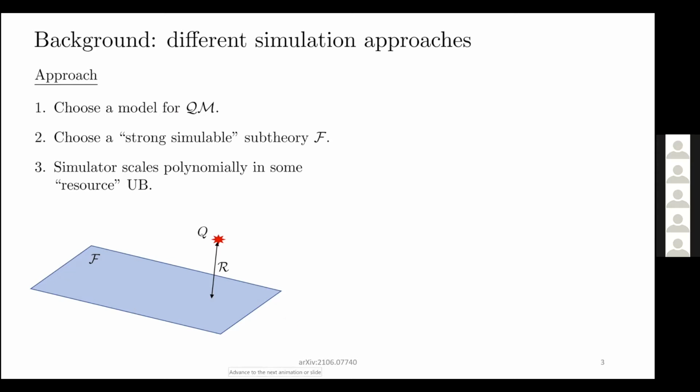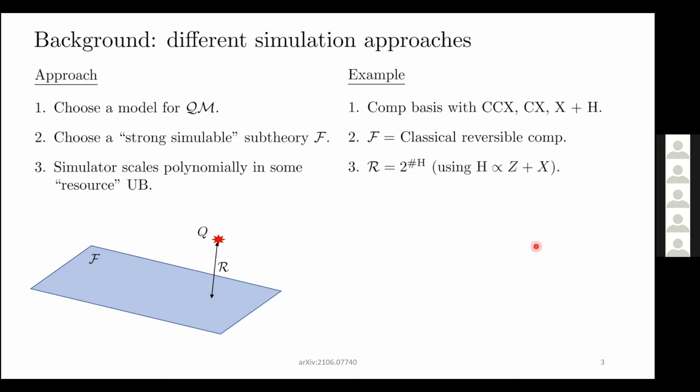So an example: I'm going to give you two toy examples, and then I'll give an example that's really relevant to the task and the focus of this paper. So the first example is we describe universal quantum mechanics by starting in a computational basis state, and then using this gate set, which consists of the Toffoli, the CNOT, the X, and the Hadamard gate.